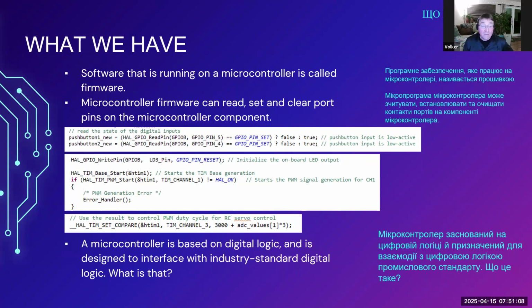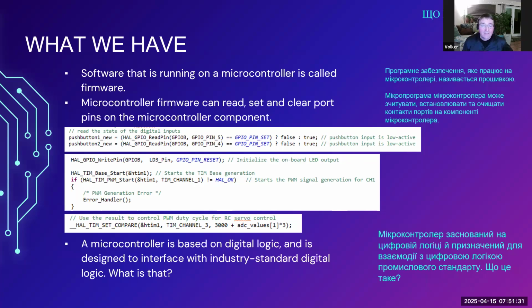I'm using HAL functions, that is the hardware abstraction layer, for the STM32 microcontroller development environment. So it makes it fairly easy to use commands to read pins, to write pins, to set up microcontroller peripherals.